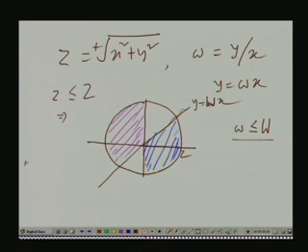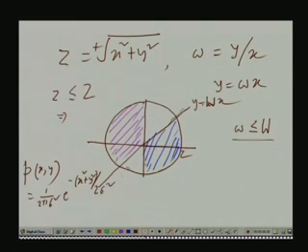Suppose it is given that x, y are circularly symmetric and Gaussian, or equivalently called normal, that is, p of x comma y is given to be circularly symmetric, jointly Gaussian, zero mean.